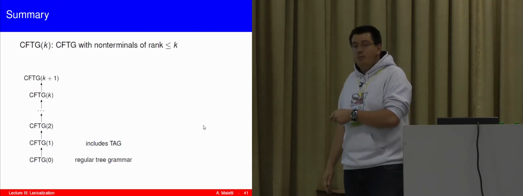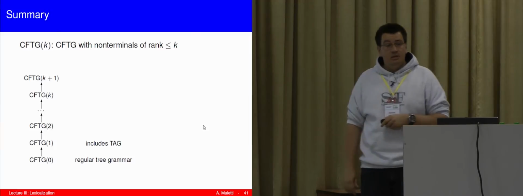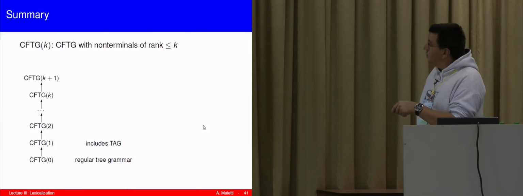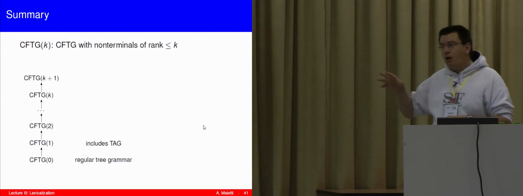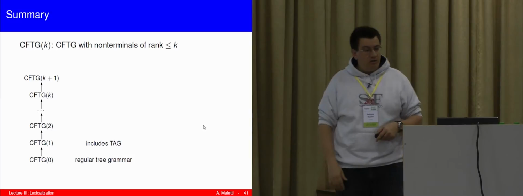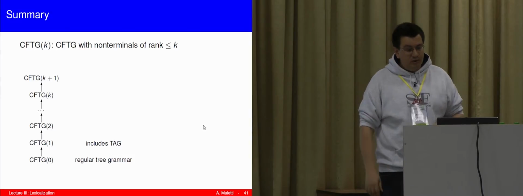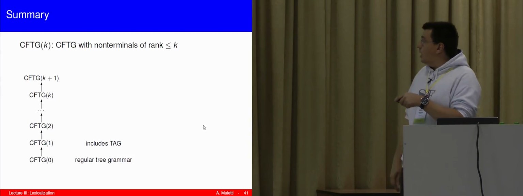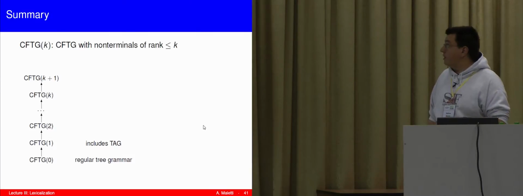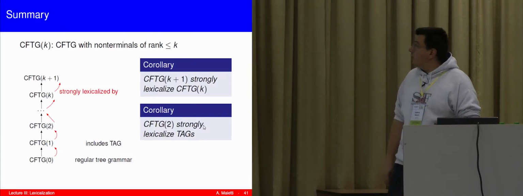Then this is the same as a regular tree grammar. This is exactly the same. Now this level here includes the tree adjoining grammars. It's slightly stronger than tree adjoining grammars because it has state behavior, which tree adjoining grammars don't have. And then you get the second level and so on. And this is all strict, as proven by Engelfriet.